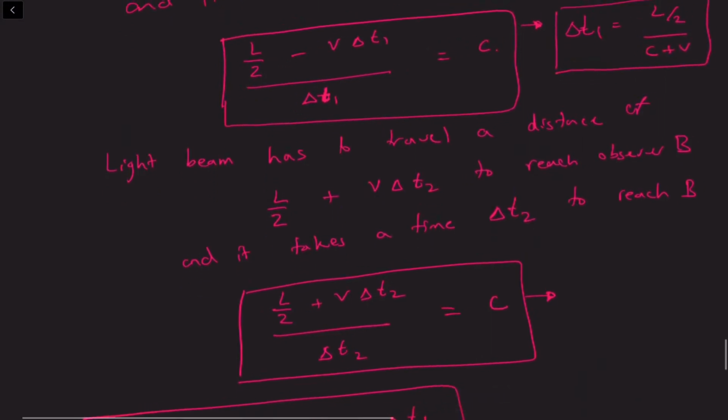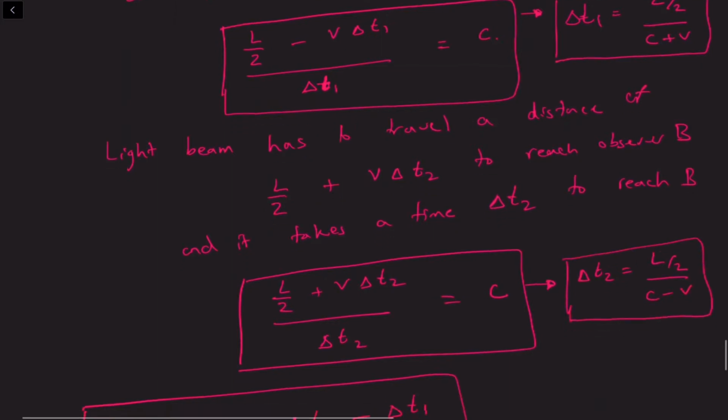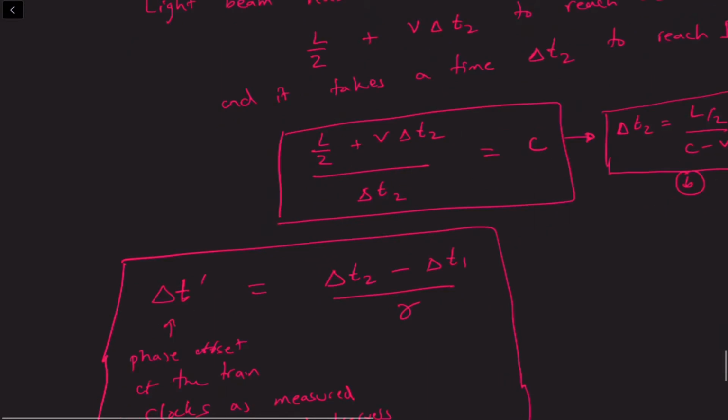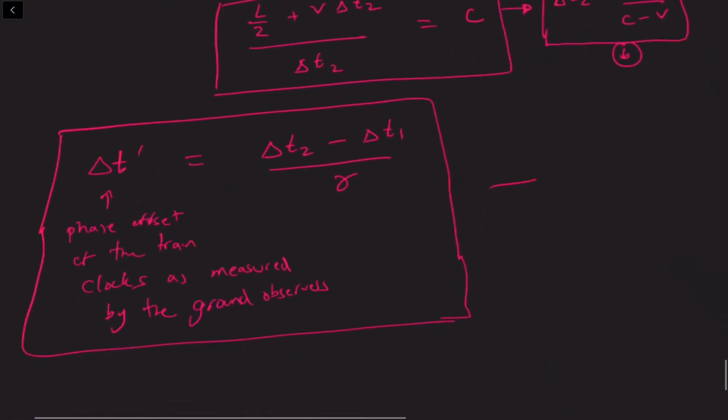And over here we would get delta T2 is equal to L over 2 over c minus v. So we can plug in equation small a and small b, plug in expressions for delta T2 and delta T1.